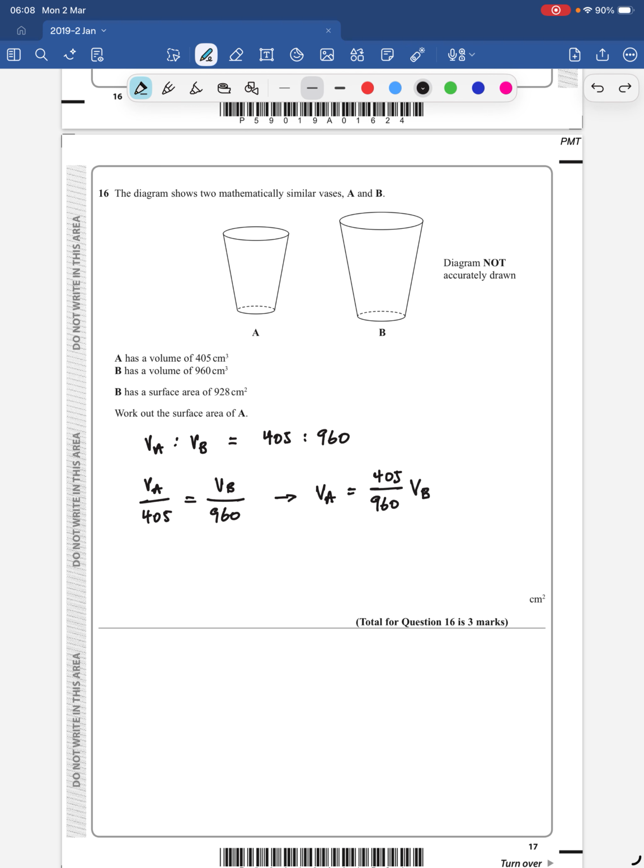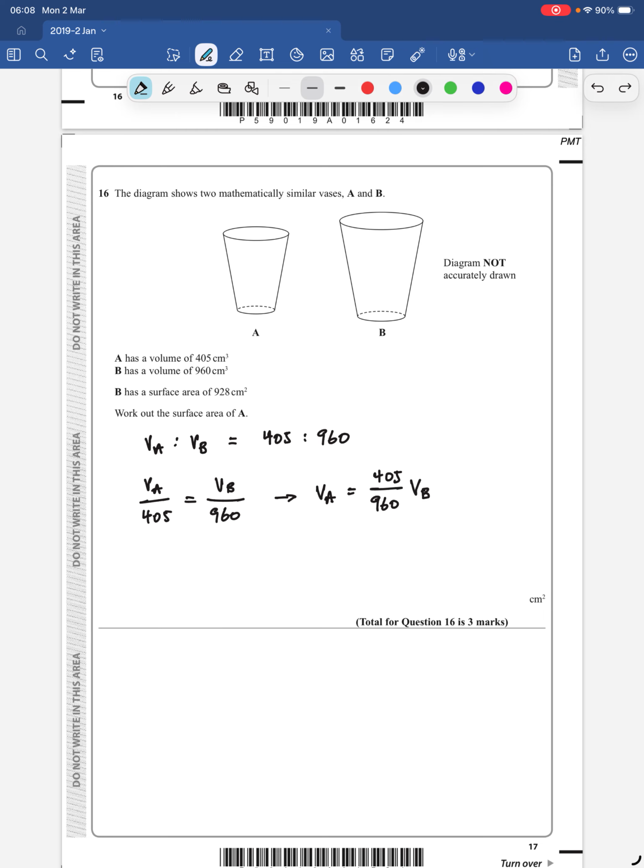We need to get, first of all, the linear scale factor, and then we're going to square it to get the area scale factor. You can do this in one step, and I'll show you how. We need to take the cube root of the volume scale factor to get the linear scale factor.